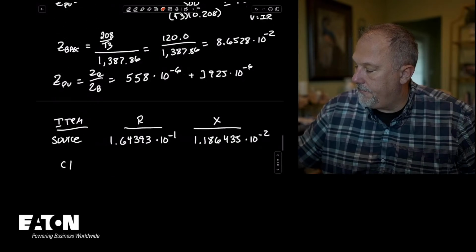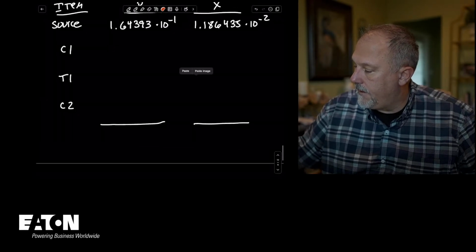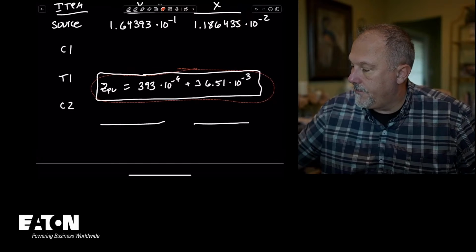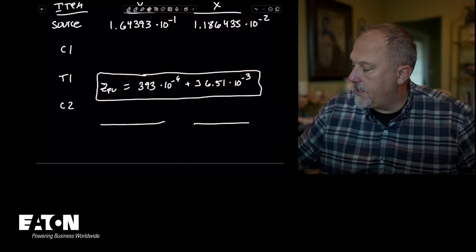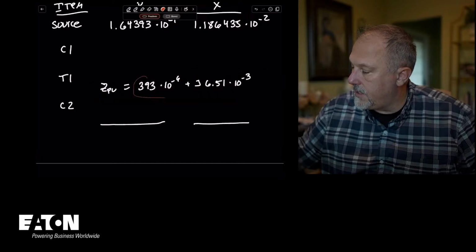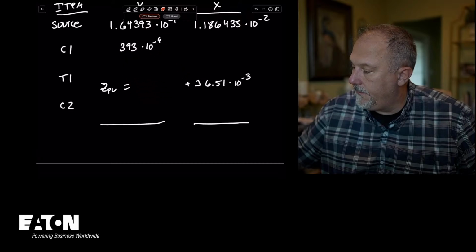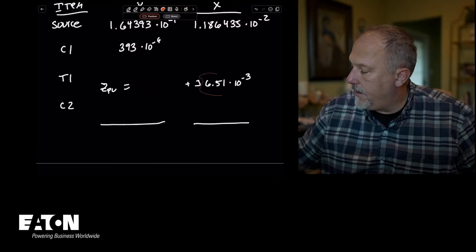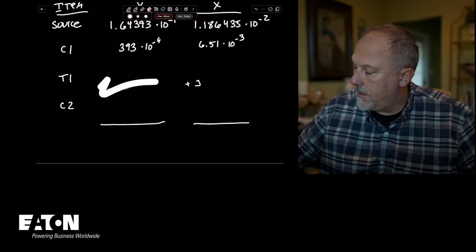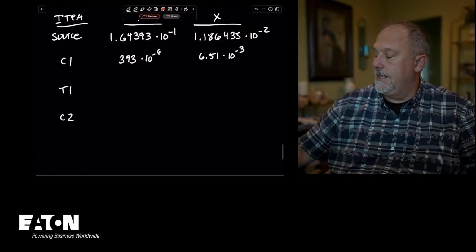Copy. Paste. Get my eraser out. So this is R, and this is X. Delete everything else.